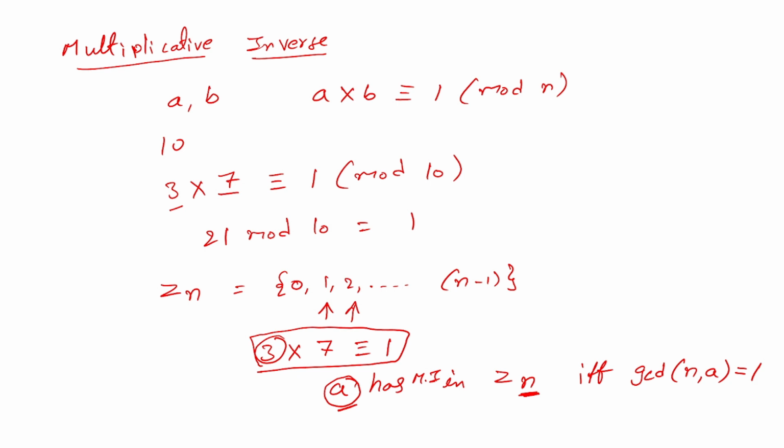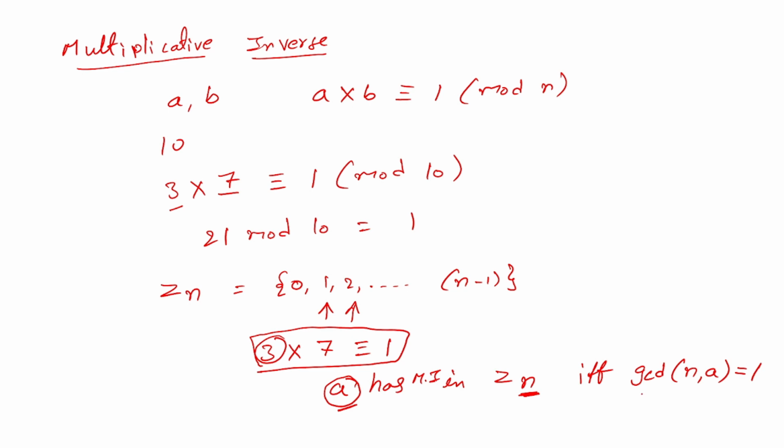As I said before, if GCD is 1, that means both values are co-prime to each other or relatively prime to each other. So here n and A both are relatively prime to each other. What is that value? If you want to find the multiplicative inverse, you need to follow the extended Euclidean algorithm.